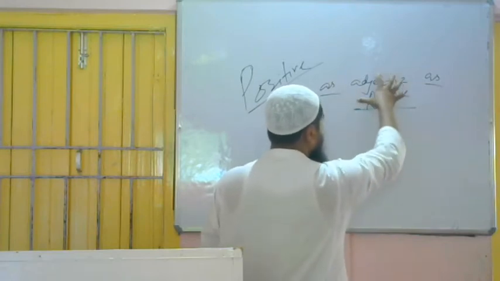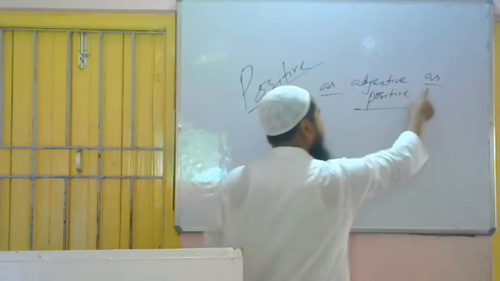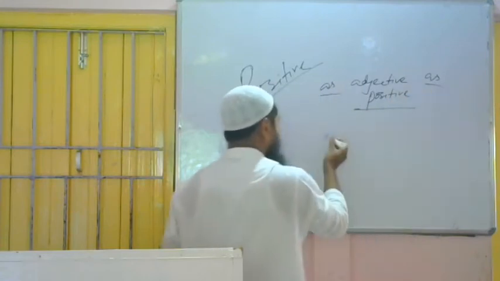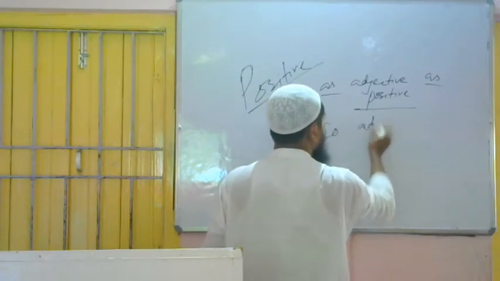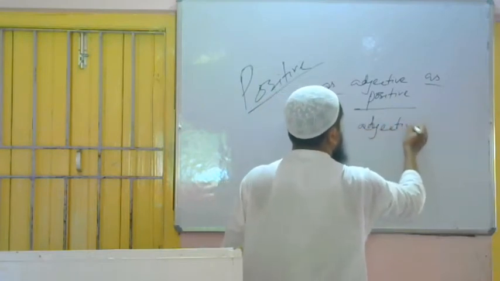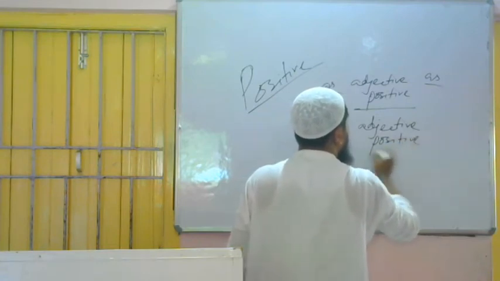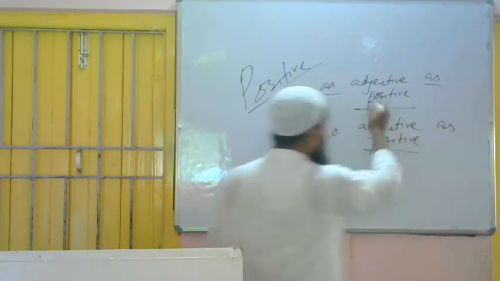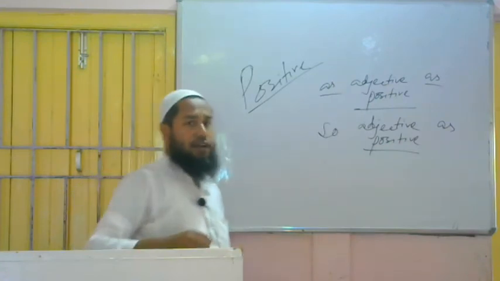Because the adjective is given in positive form, and before the adjective we have as, and after the adjective also we have as. Sometimes, rarely, we may get so, then the adjective in positive form, and then as. If we get this formation, this is also a sentence of positive degree.